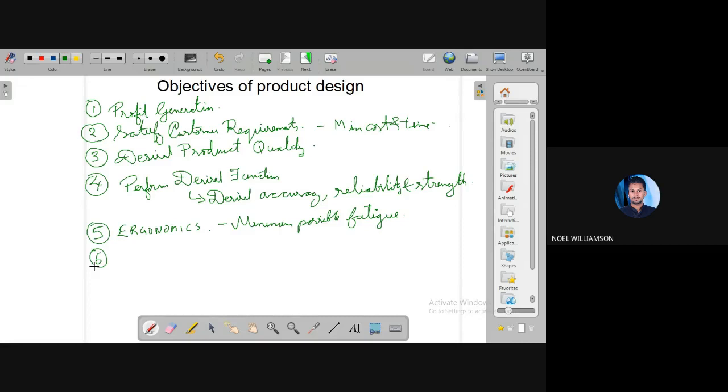And the next one, reduce the unwanted noise, vibration, etc. That is, it should allow the product to be used with minimum noise, vibration, and other hazards.